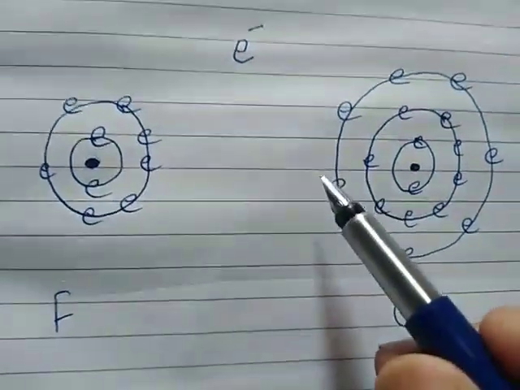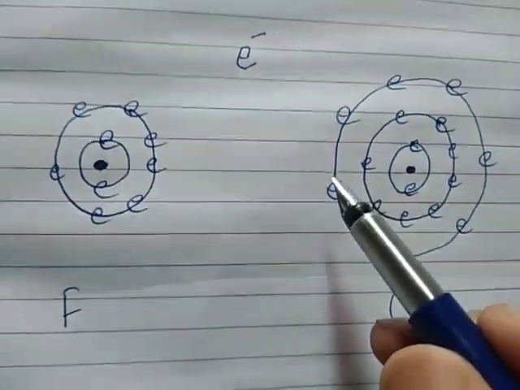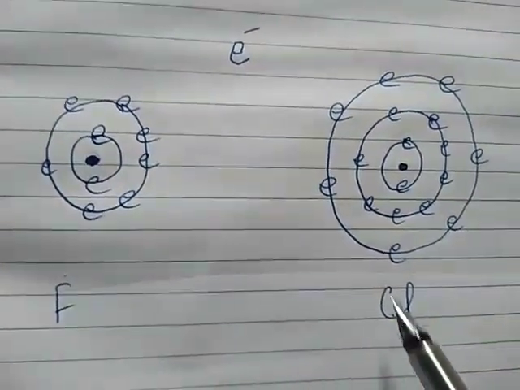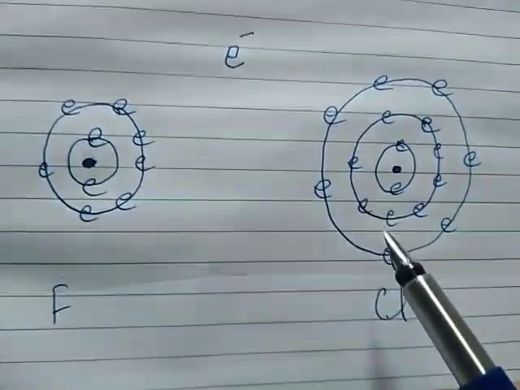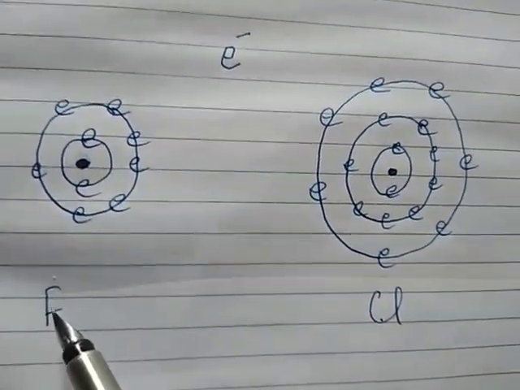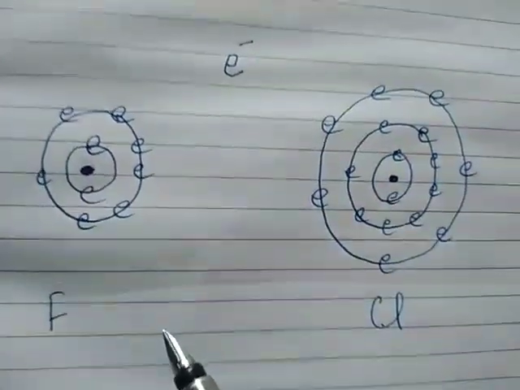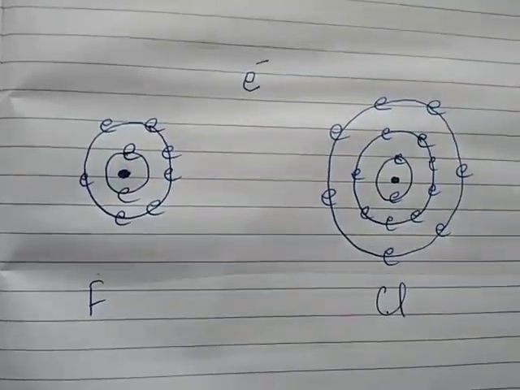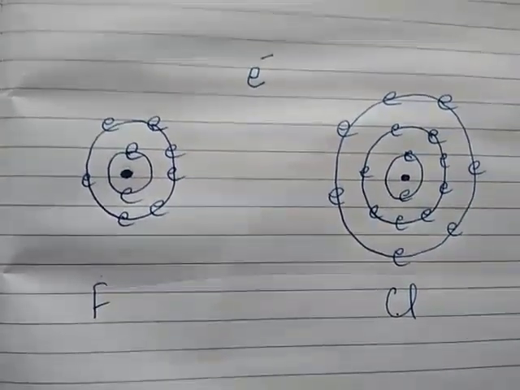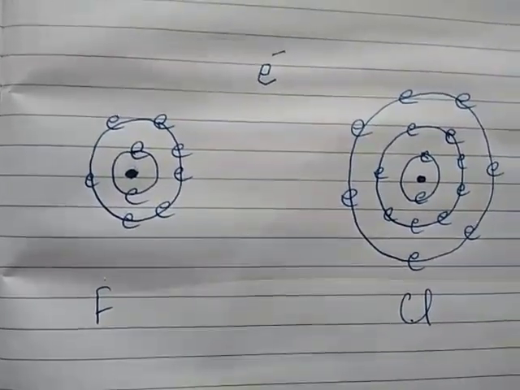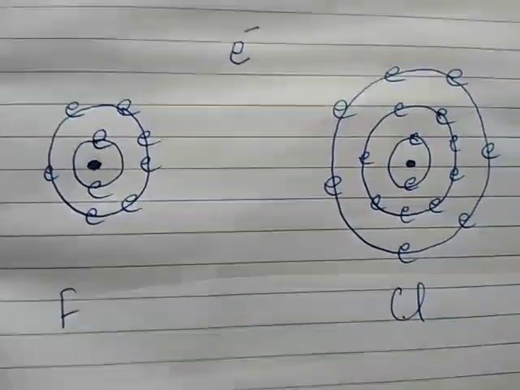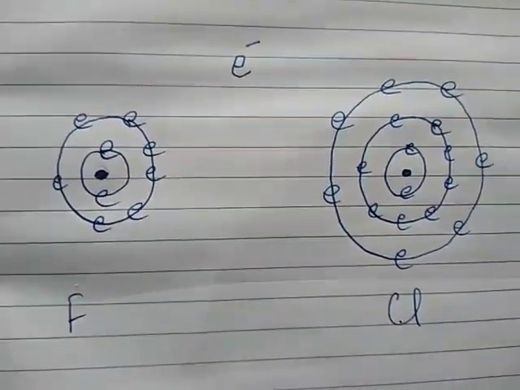So who is more happy to gain the electron? It is chlorine. Chlorine after gaining this electron will release more energy than fluorine will release after gaining this electron. With the same reason, oxygen will have less electron affinity or electron gain enthalpy than sulfur, although oxygen is also more electronegative.